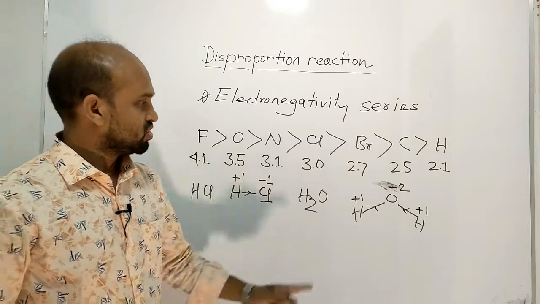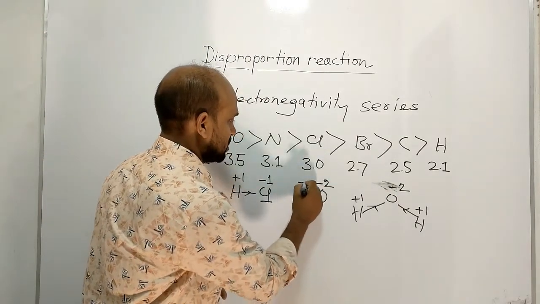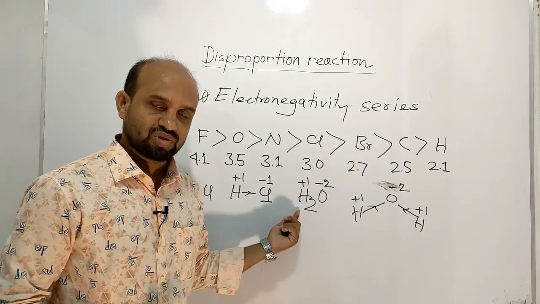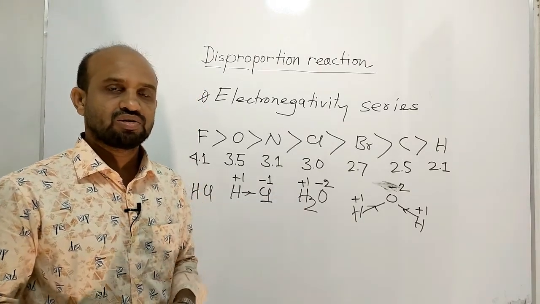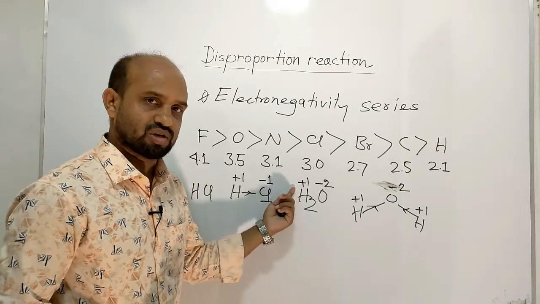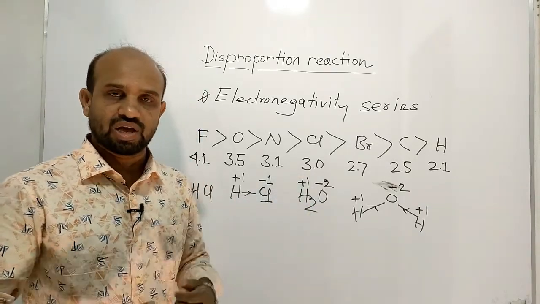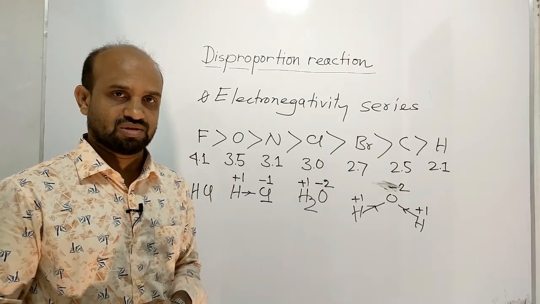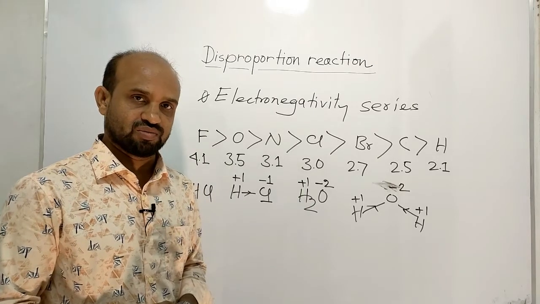That means oxygen -2, hydrogen +1. Two hydrogen atoms donate 1 electron each. That is why +1. And the oxygen atom alone accepts those 2 electrons. That is why here -2.